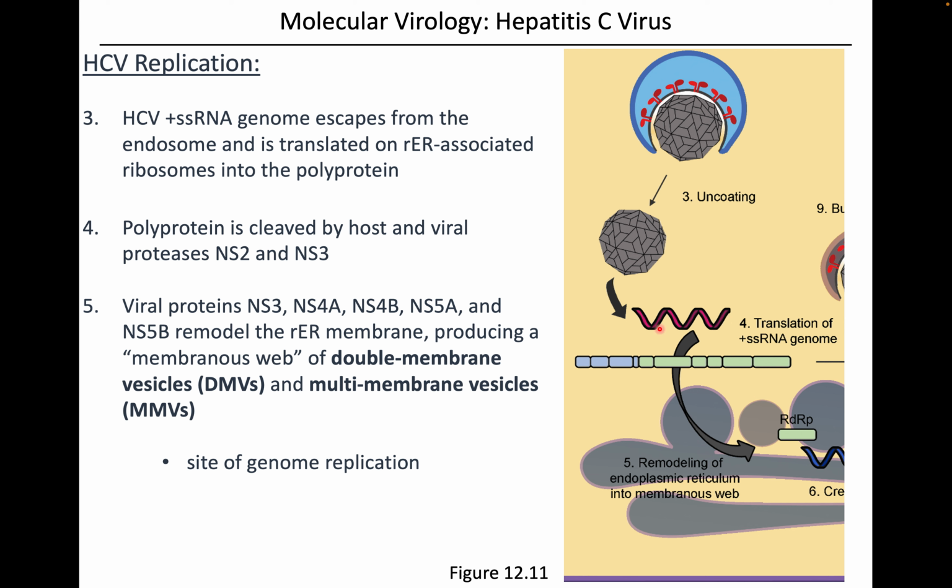However, one thing that is very interesting and unique with hepatitis C is it's been well documented this virus will actually, the term they use is remodel the ER membrane to create what are called double membrane vesicles or multi-membrane vesicles. I'll show you a picture in a minute, but essentially it's creating little chambers out of the ER membrane where virus replication is going to take place.